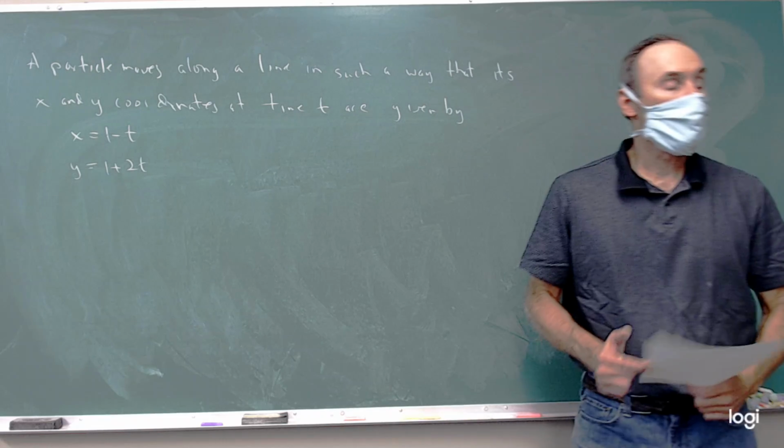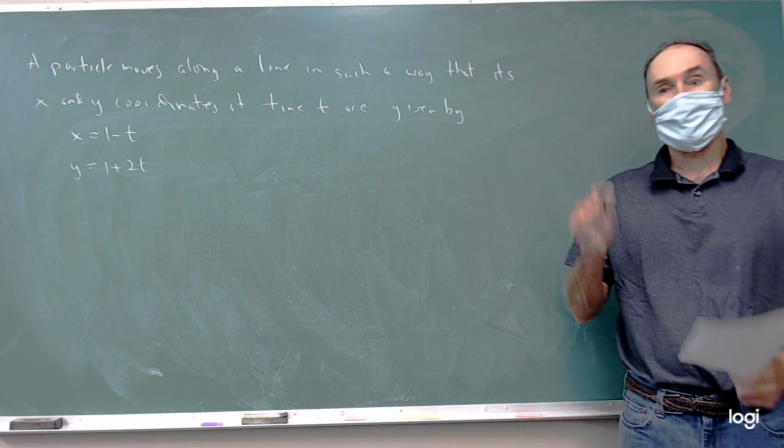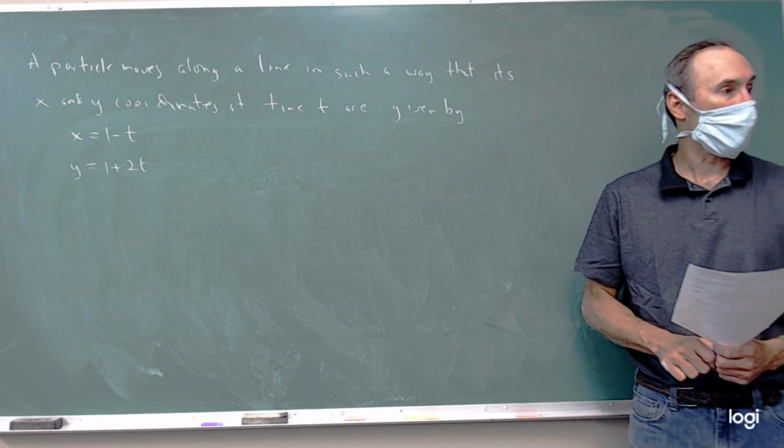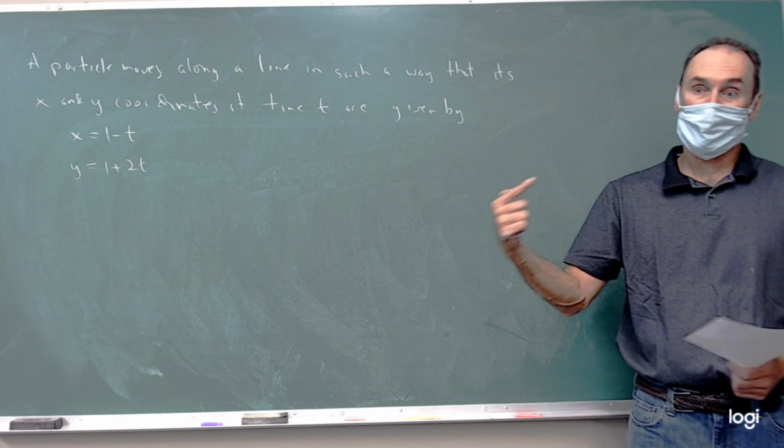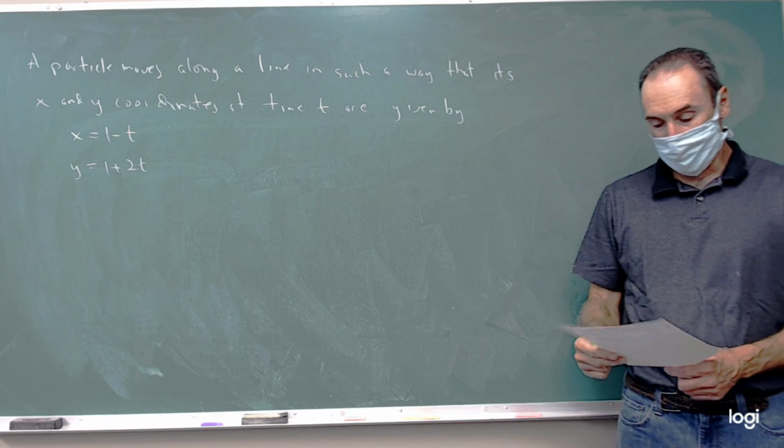So now there's no question about is this a vector or not. These are not vectors, these are just points in the plane. And so we can follow the path. Well, it's going to be moving on a line. So we can follow the path of this thing.